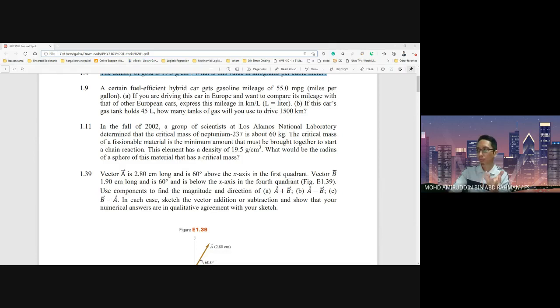The question asks for the radius of the sphere of the material.